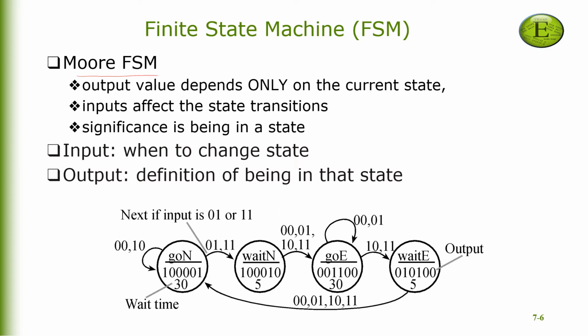Let me give you a quick recap. In the Moore finite state machine, the output value depends only on the current state. That is, the current state completely defines the output. And the role of the input is to enable the transition, that is, when to change the state.